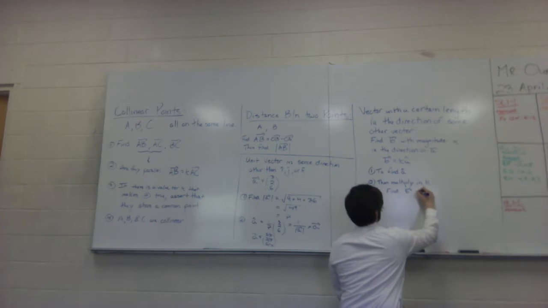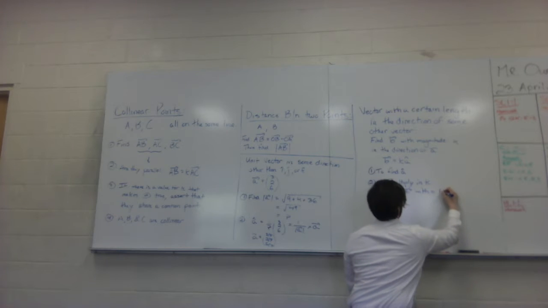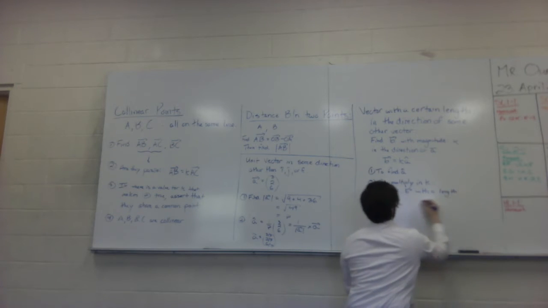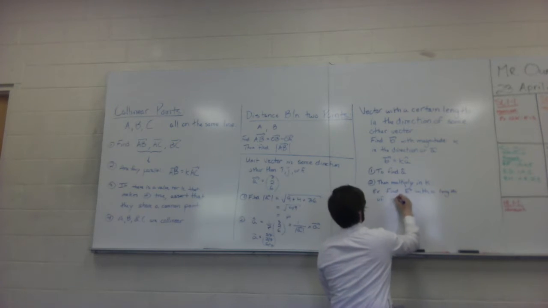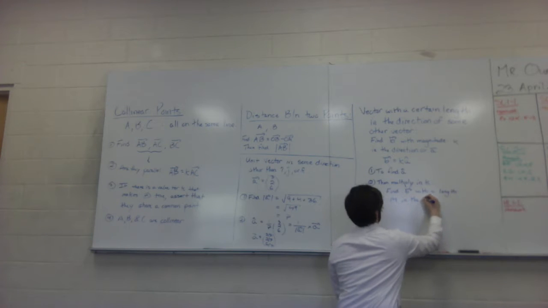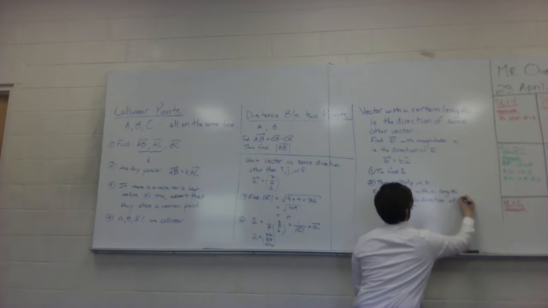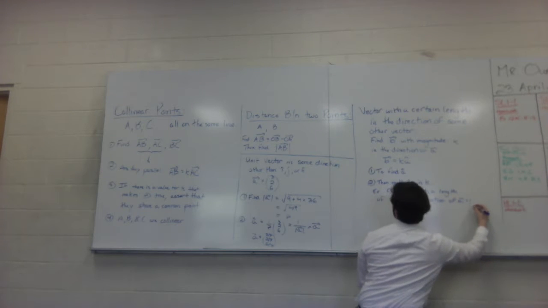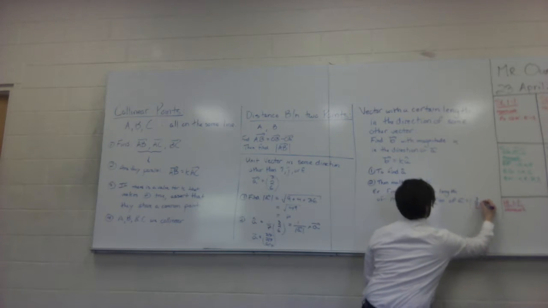So let's say find B with a length of 14 in the direction of A, which is the vector 3, 2, 6.